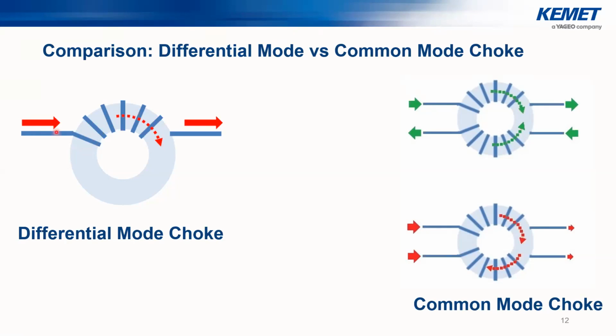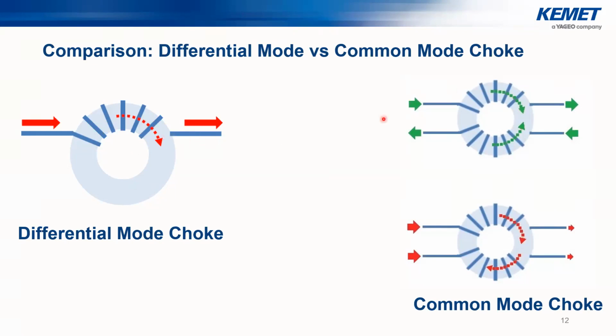So your electrical energy at those frequencies is converted into magnetic energy that then goes around this core. This is how you effectively filter out that electrical signal, first in the form of magnetic energy, which is then eventually dissipated in the form of heat. And this is how you get your differential mode impedance behavior.